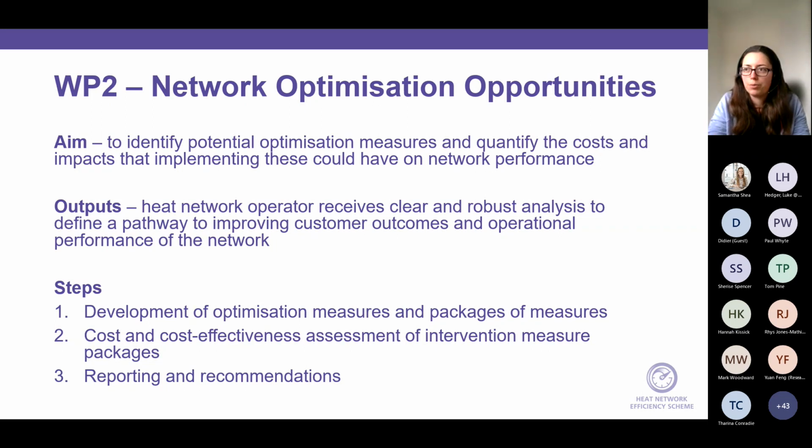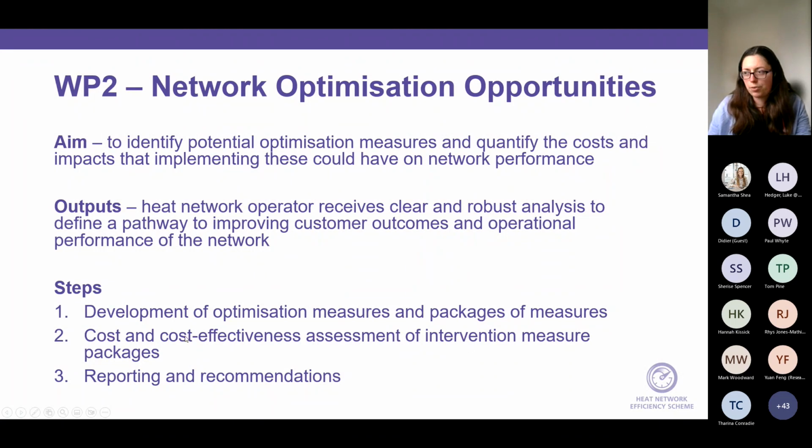So the output of this would then be that the heat network operator has a clear understanding, based on robust evidence and analysis that you've done, to produce a roadmap essentially of which measures they could implement, and how this could then improve the outcome of the heat network.